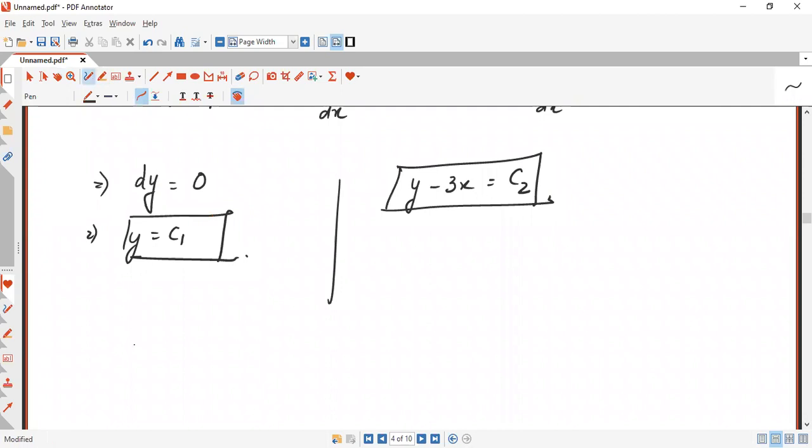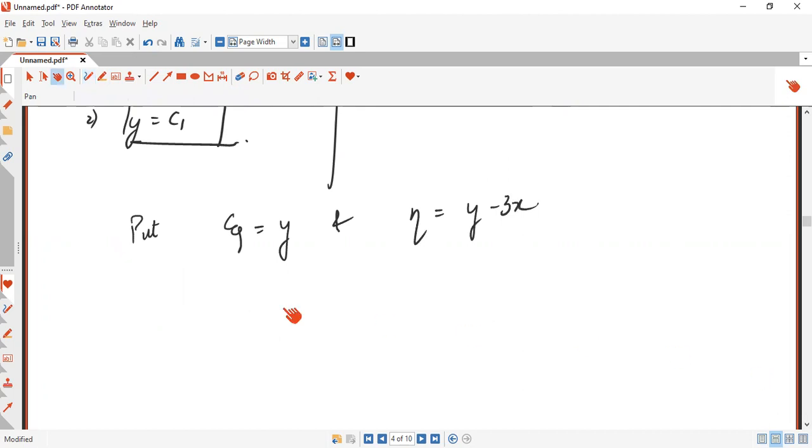So the next step is, right, innovate further, check the Jacobian.